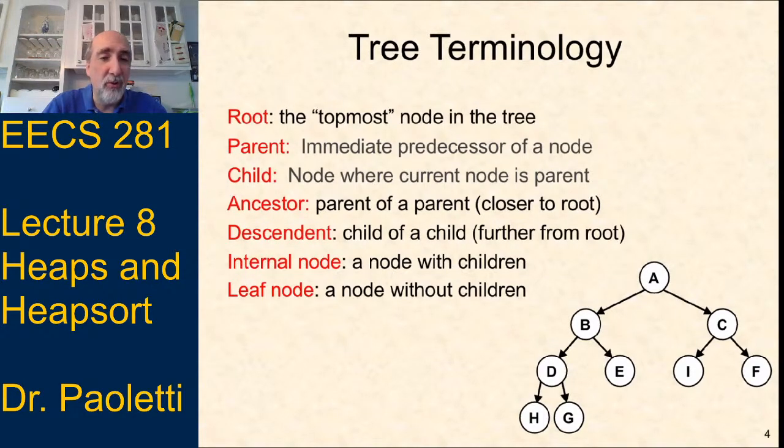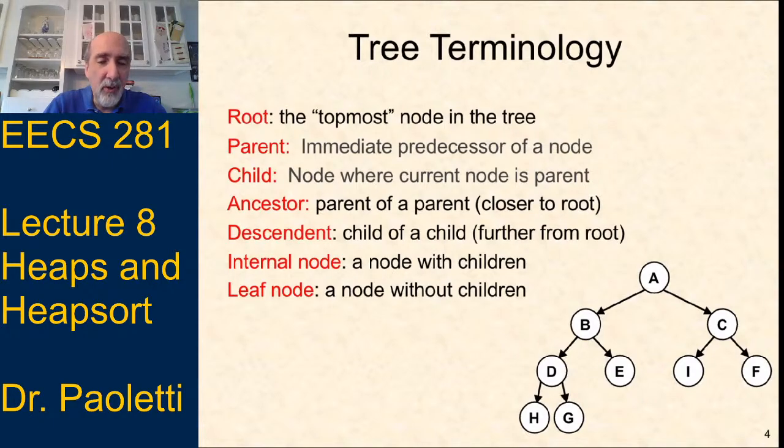Just because it's closer to the root doesn't mean it's an ancestor. So for instance, in here, C is not an ancestor of H. It's higher in the tree, but it's not on a path between H and the root. A descendant is a child of a child of a child, etc., further down from the root following a path.